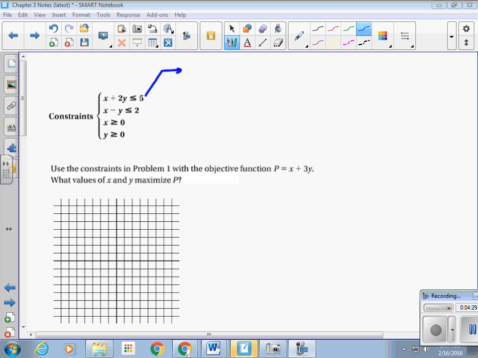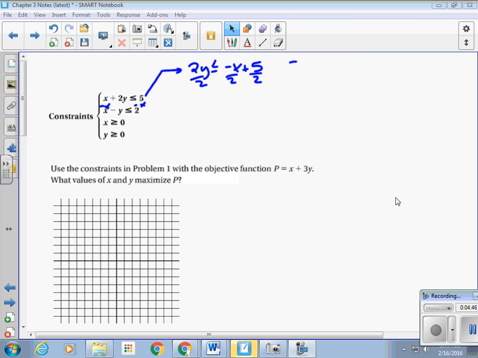So I am going to solve each one of these guys for y. So I have y is less than or equal to negative 1/2 x plus 2.5.